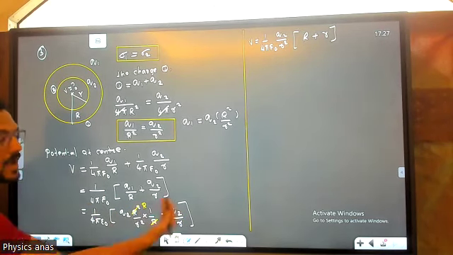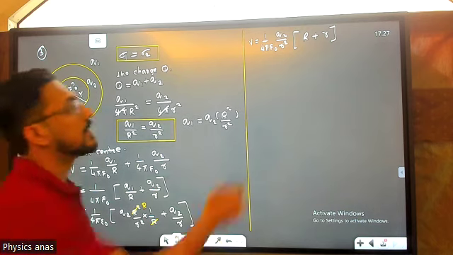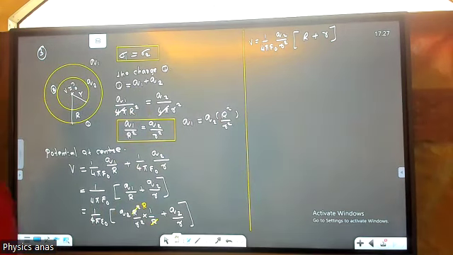There is no R square. I have to give an R though. That's how I can do that. I'm taking out Q2 by 1 by R square. There is only one R. So what do I have to do? I have to multiply an R. Then I can take out R square. Is that okay? Then this is Q2 divided by R square.